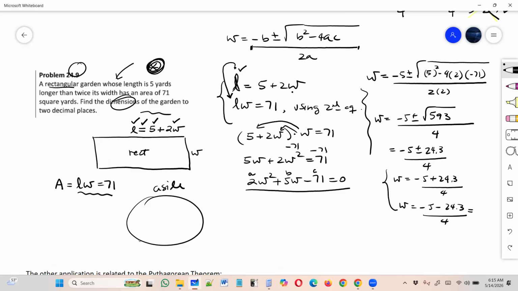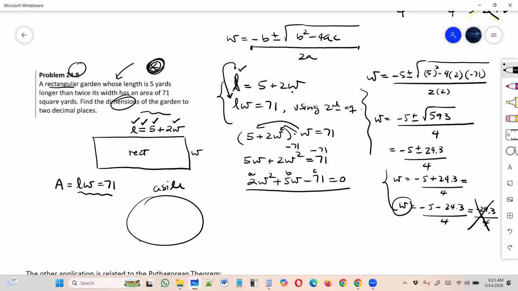In the second case, this is going to be negative 29.3 over 4. Now, because this answer is negative and a dimension cannot be negative, I don't even need to calculate this. This is already out. Okay? It cannot be negative. A dimension cannot be negative.